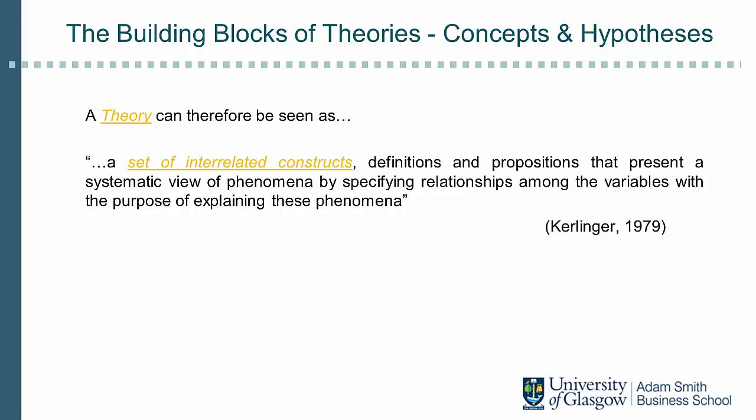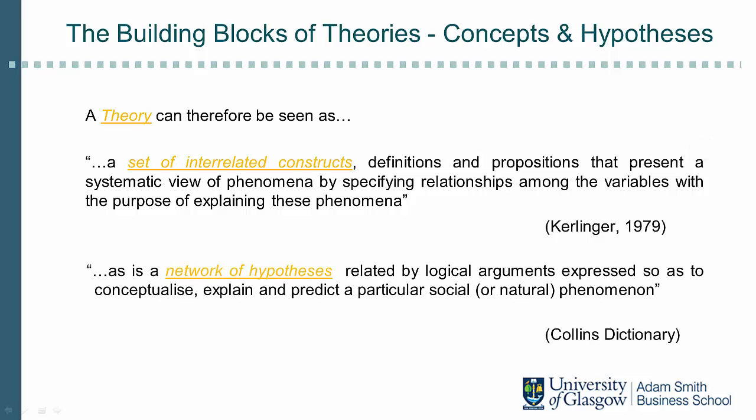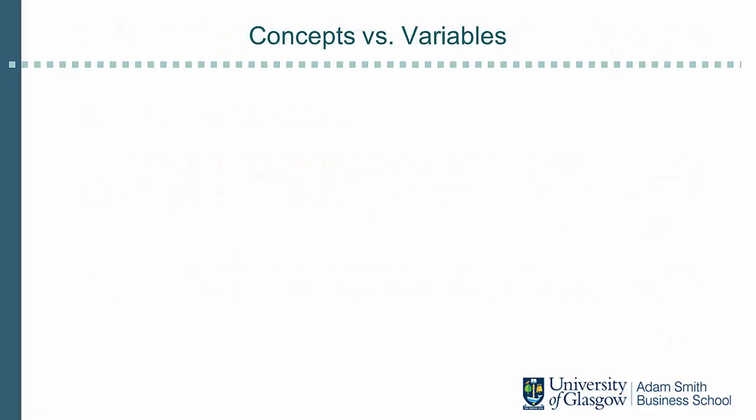Therefore, you'll have constructs on the one hand and the interrelatedness between them, on the other hand, and these are the building blocks of theories. You could also think of a theory as a network of hypotheses, a network of arrows, if you can remember that diagram again.